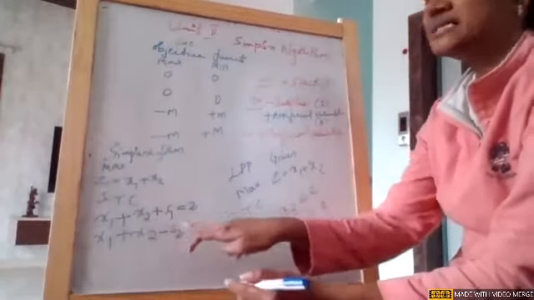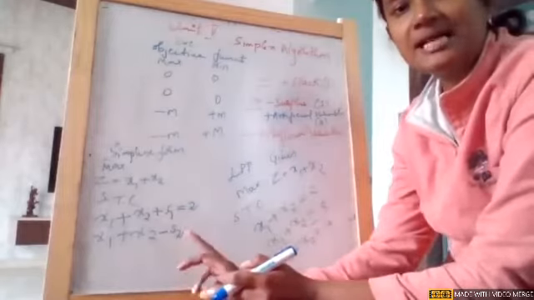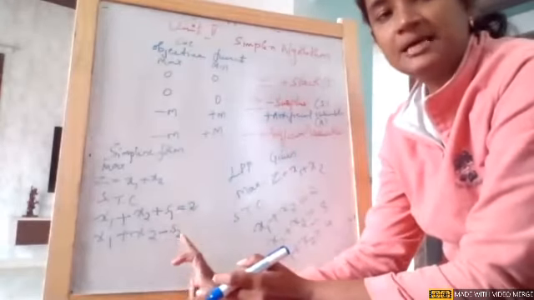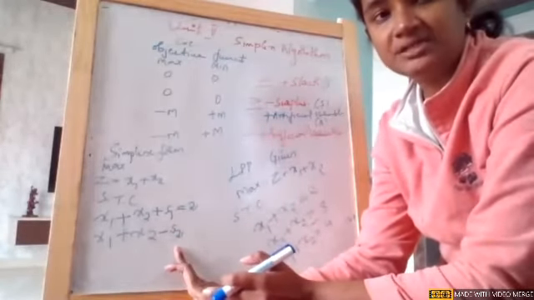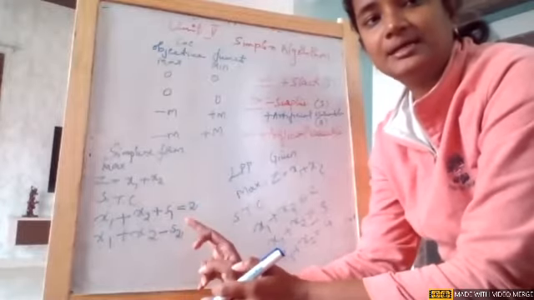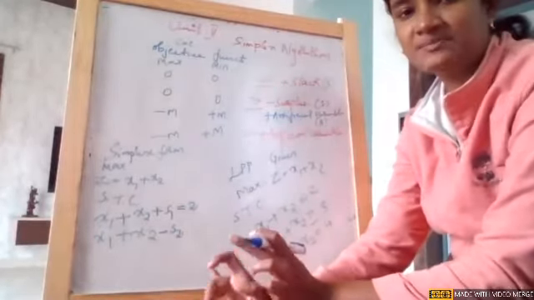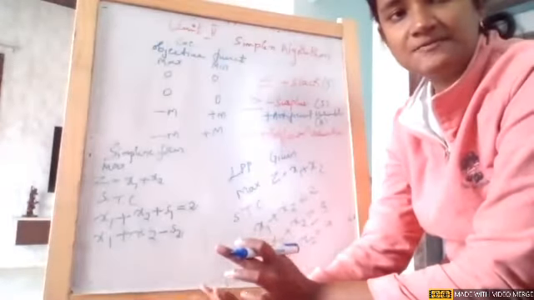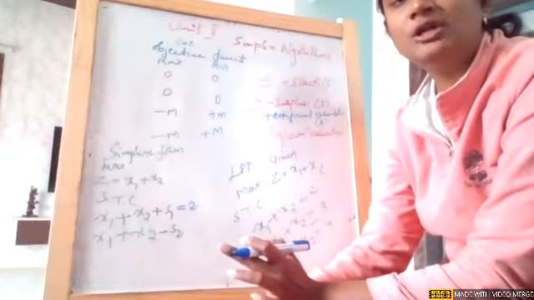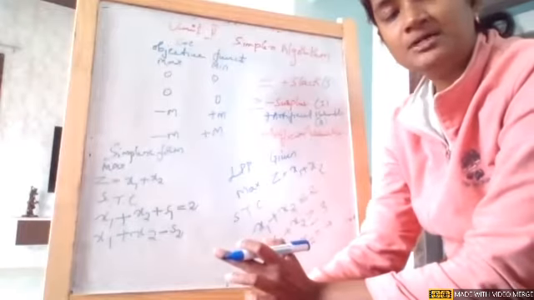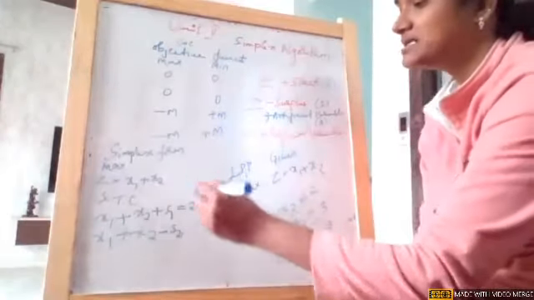To recognize slack versus surplus: slack has a positive sign, surplus has a negative sign. That is the only difference. By looking at the equation, you can easily identify: a positive sign is a slack, and a negative sign is a surplus.